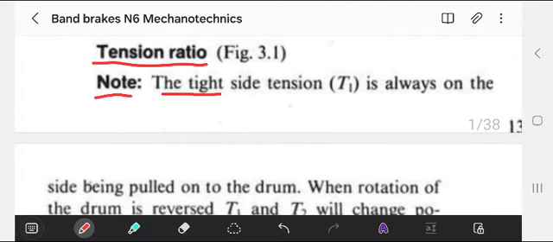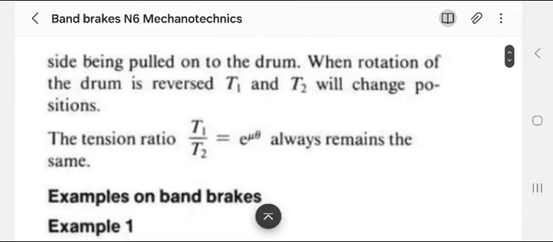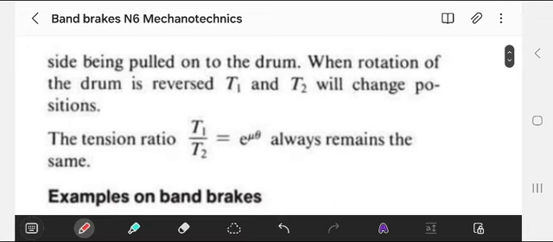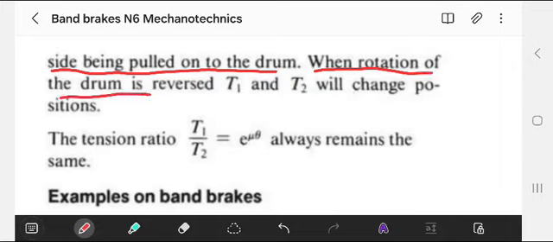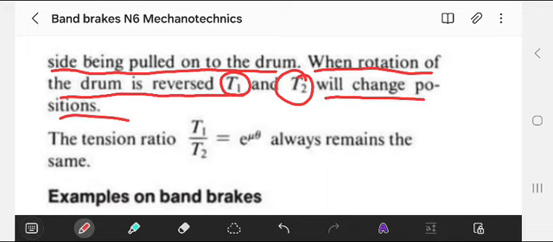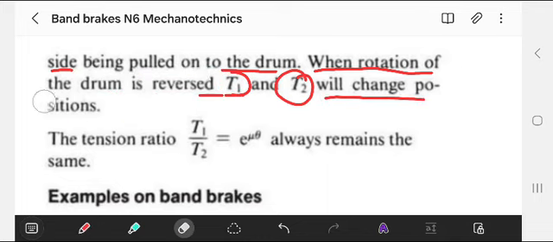Note the tight side is T1. We always know this: the tight side is always T1. We remember this since the side being pulled on the drum is T1. When rotating the drum in reverse, T1 and T2 will change direction. As you have seen there, we'll see about that.